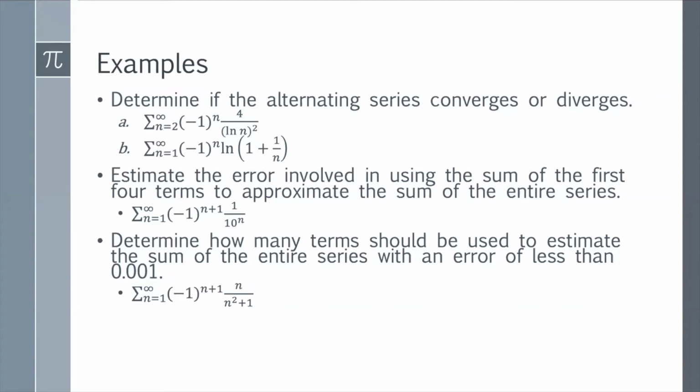In the next example, we will estimate the error involved in using the sum of the first four terms to approximate the sum of the entire series. And finally, we'll determine how many terms should be used to estimate the sum of the entire series with an error of less than 0.001. So switching over to the tablet.